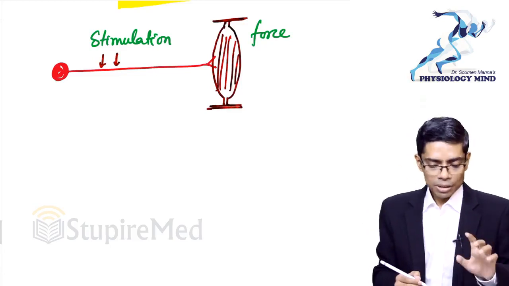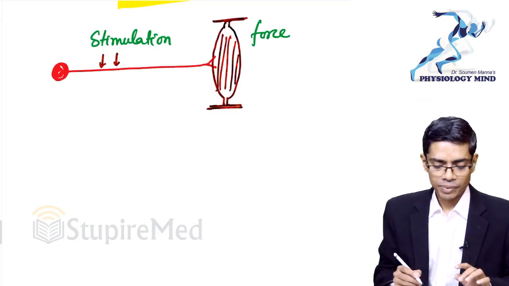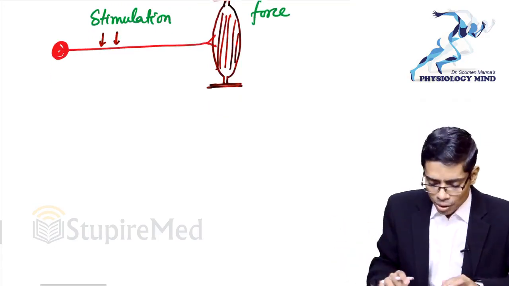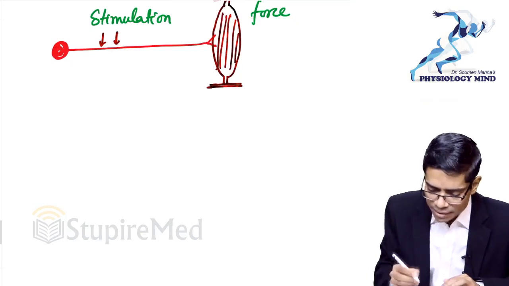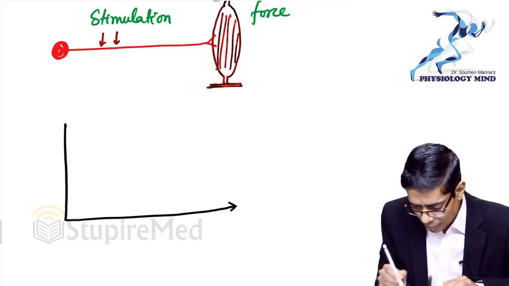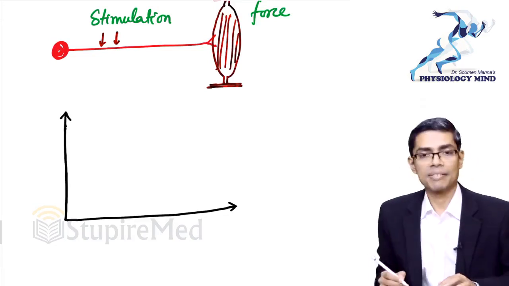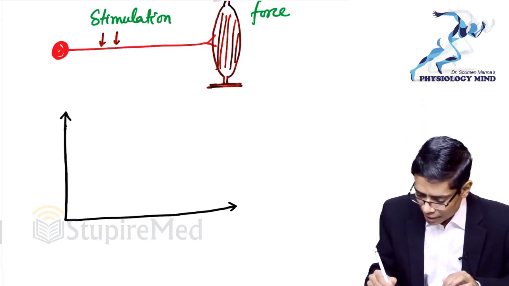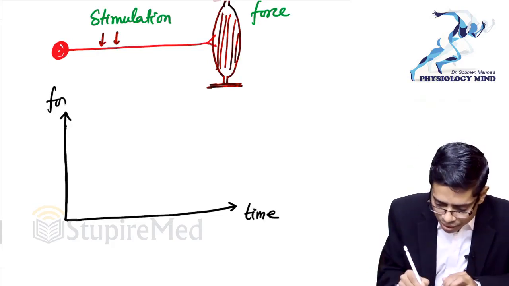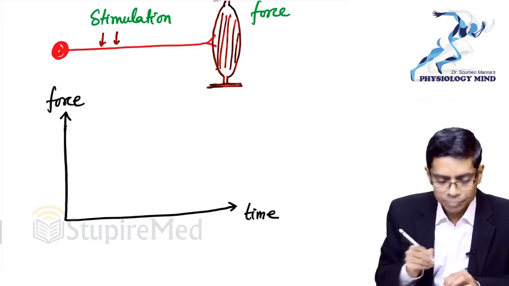So if I give a single stimulation, what will happen? The muscle will contract followed by relaxation. Now I am drawing one graph. The x-axis is the time axis and the y-axis is the tension or force in the muscle.